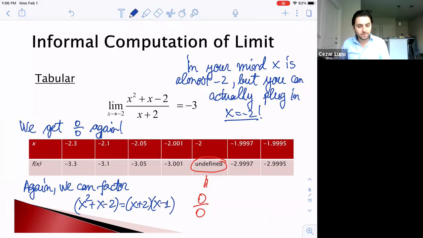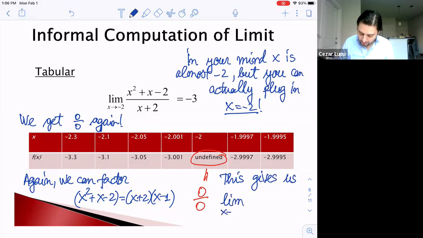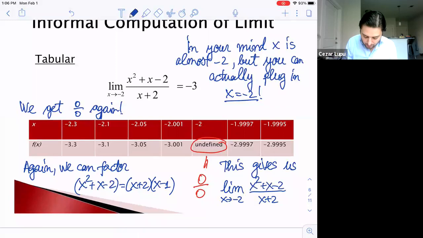And once we do this, this will give us that the limit as x approaches -2 of x squared plus x minus 2, okay, I'm just going to write it directly, and here let me put it like this so that you can see, over x plus 2.